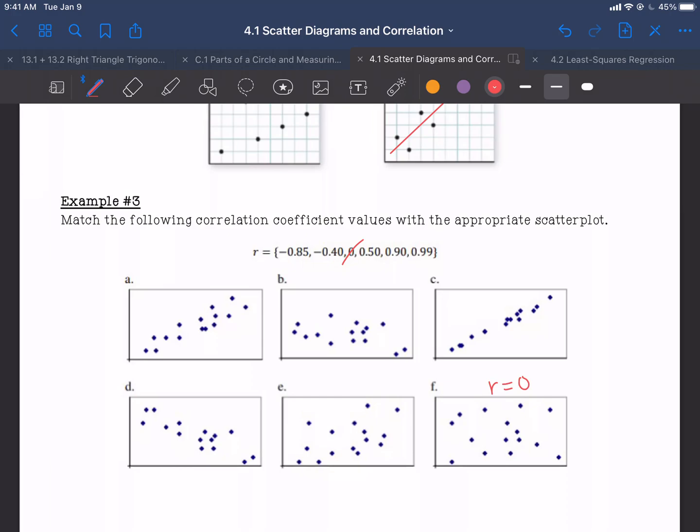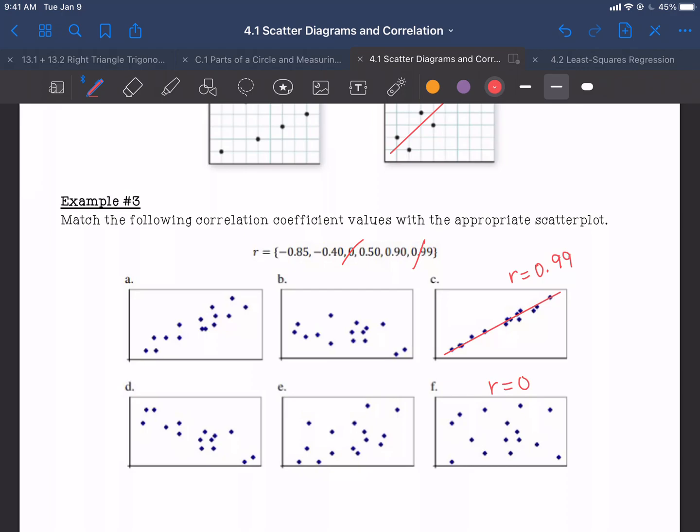All right, so I'm going to focus on just the positive r values, so I know my scatter plot is going to rise from left to right mainly here. So the one graph that has most of the data points closer together, with me drawing a line in here, would be graph C. So super close to 1. It's got a strong positive relationship. I'll go with an R value of 0.99.